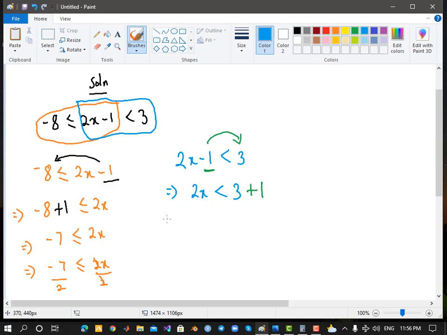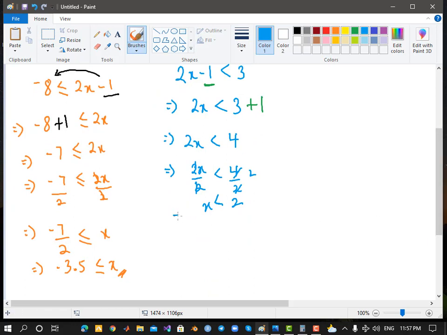So when we go further, we have 2x less than 4. To make x the subject, divide both sides by 2. This cancels itself, and we have x is less than 2. So we get 2 as our final answer here.